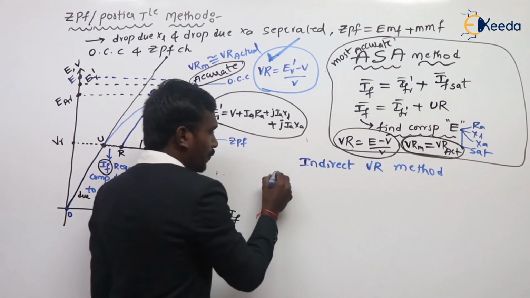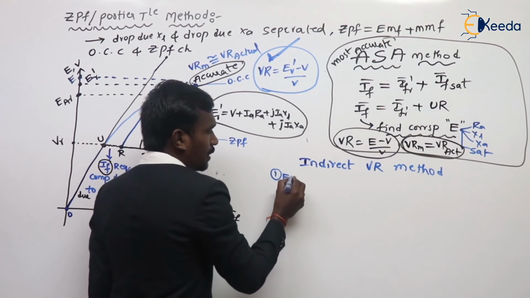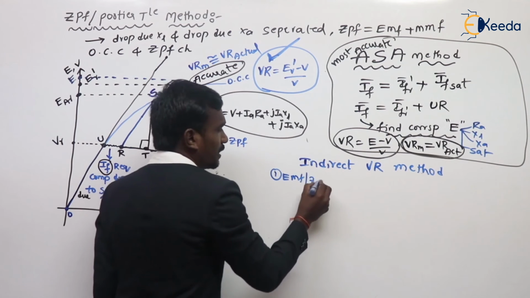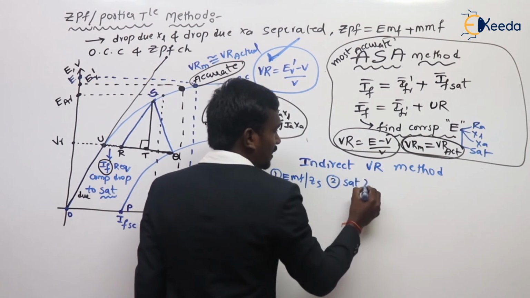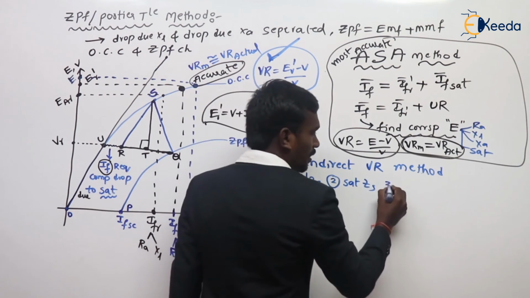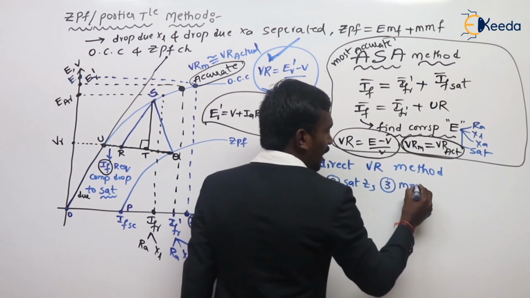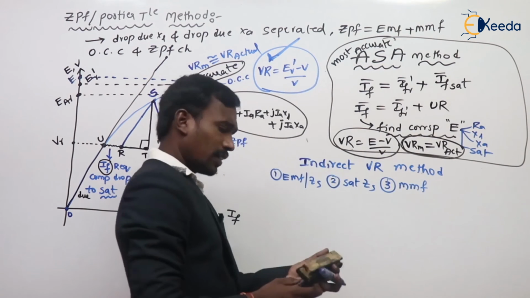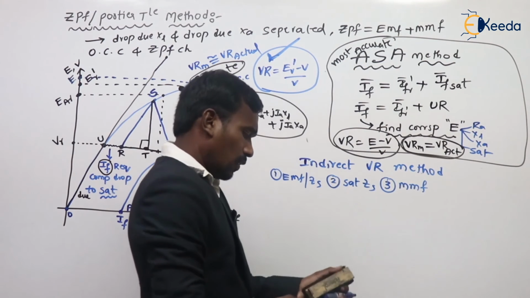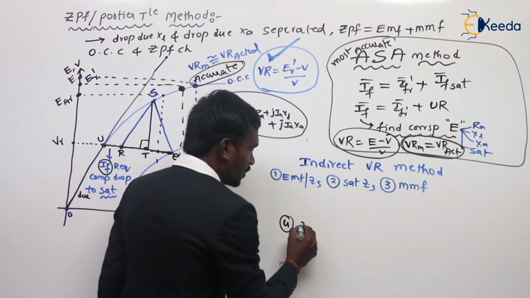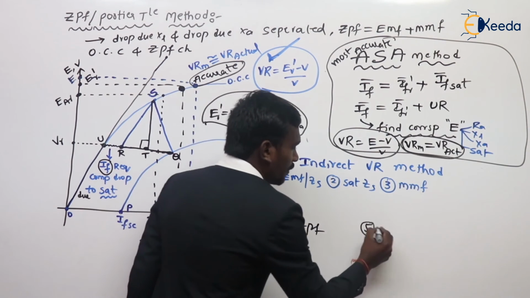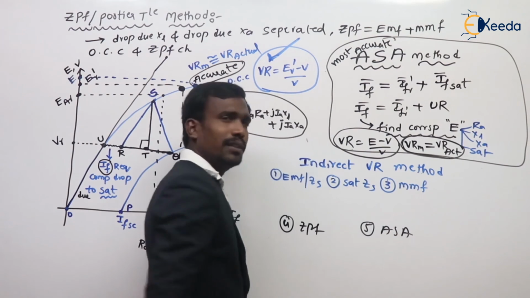What are those? First one, EMF method or ZS method. Second, saturated synchronous impedance method. Third, MMF method. Fourth, ZPF method, and fifth, ASA method.